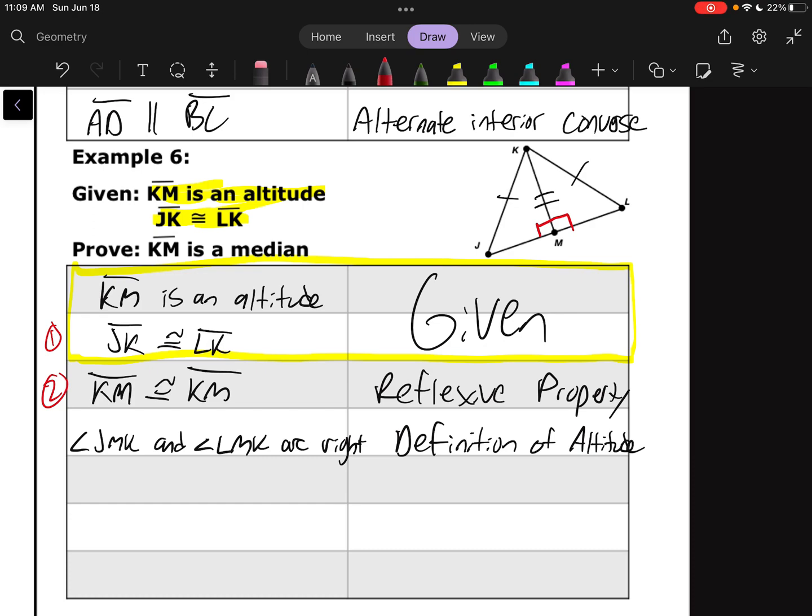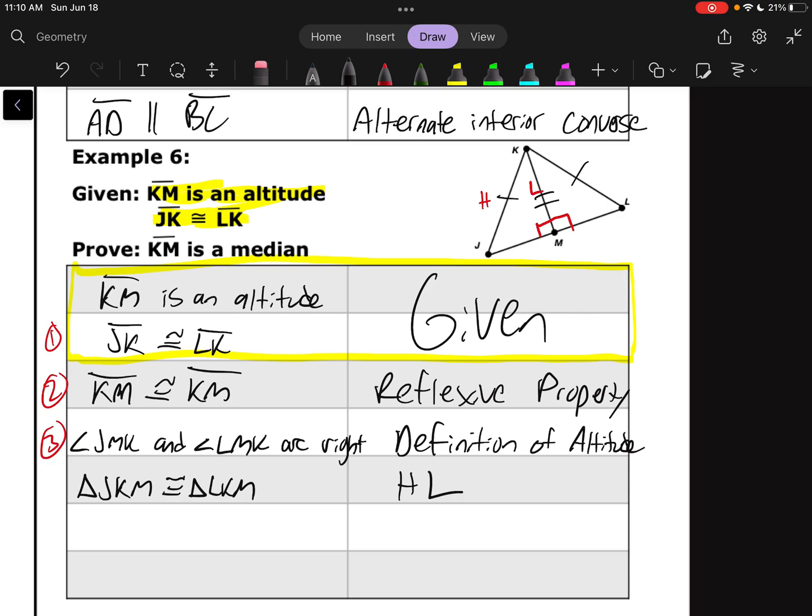And that's going to count as our third congruent thing because those right angles have to be congruent. And that's going to actually show us that we've got a leg and a hypotenuse. So I can say triangle JKM must be congruent to triangle LKM by HL.